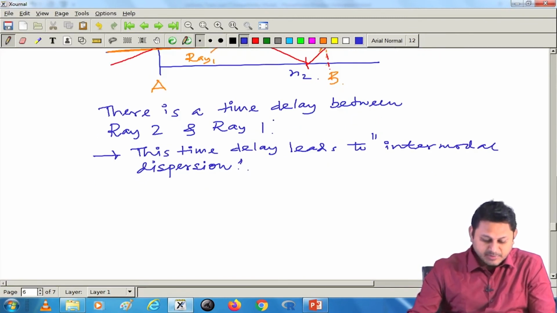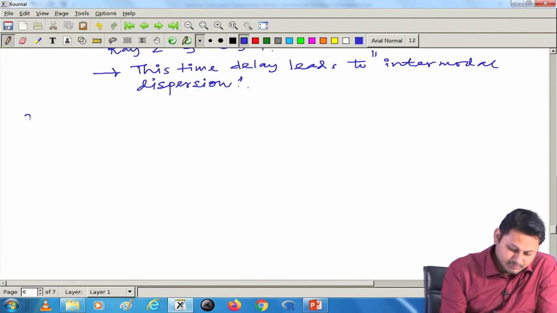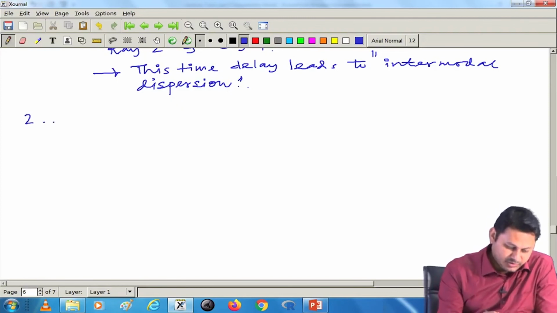Apart from intermodal dispersion, we have another kind of dispersion, which is called material dispersion.